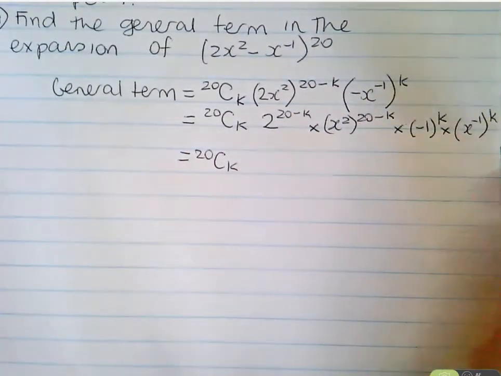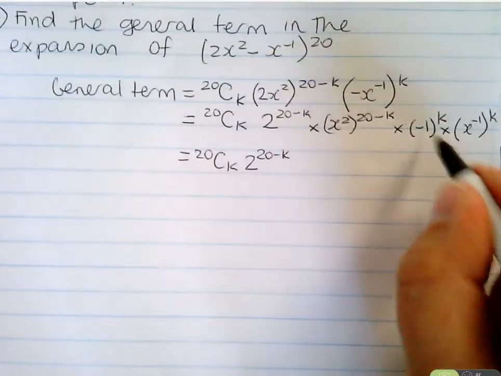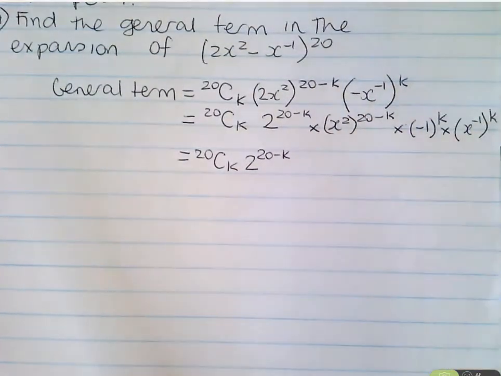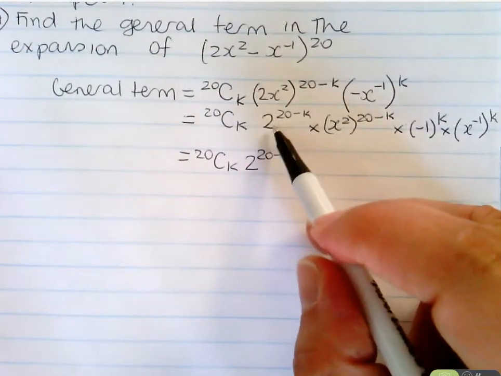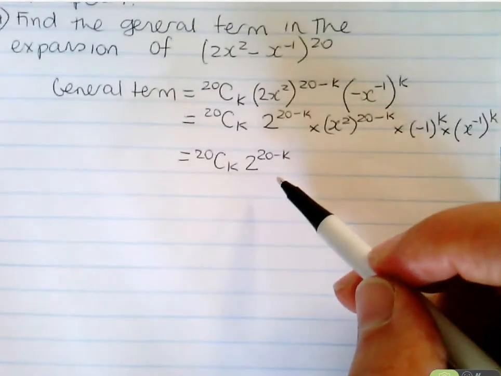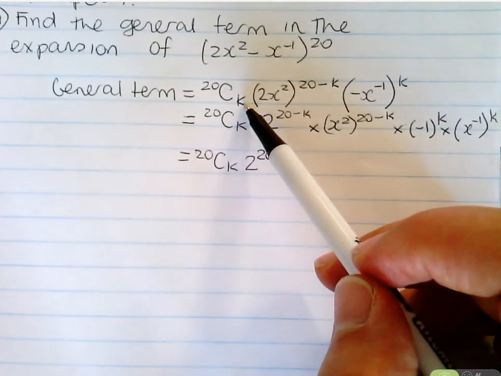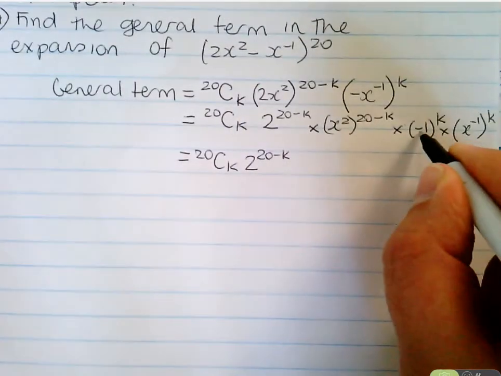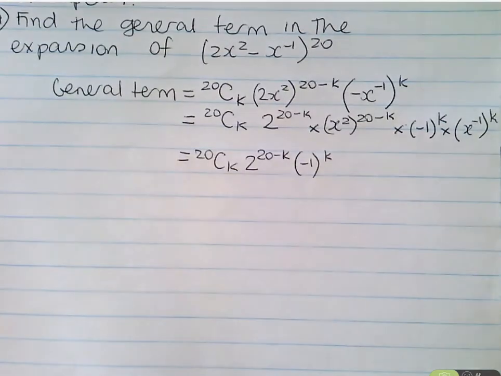20Ck, 2 to the 20 minus k. What else have we got? I want to put all the coefficients, anything independent of x, first, the constants. 2 to the 20 minus k will end up being a constant at some stage, because k is a value between 0 and 20, so this will just be a number. (-1) to the k is also a constant depending on the value of k.